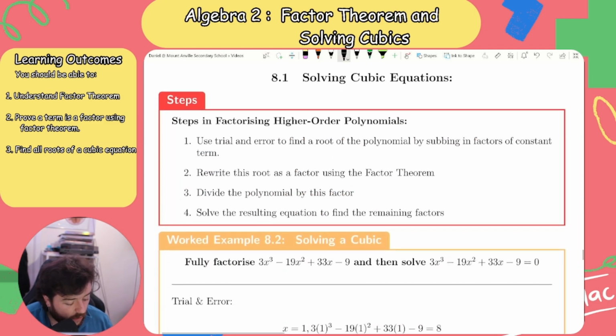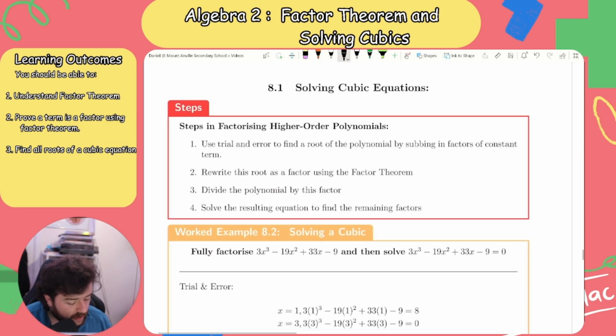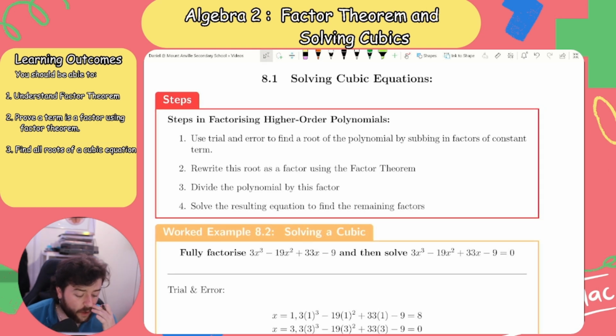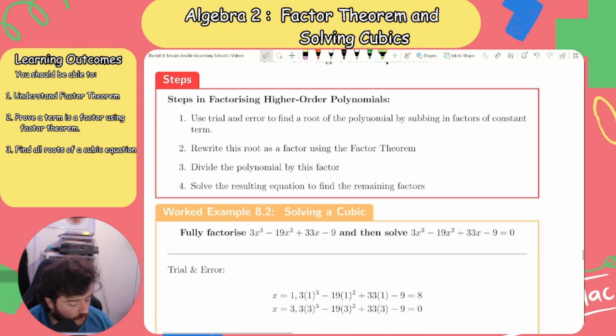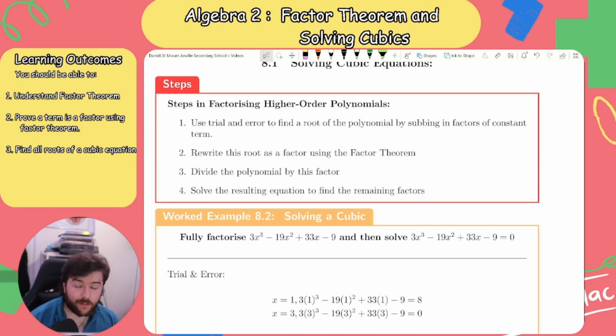So how does this help us solve cubic equations? We are going to learn how to factorize cubic equations. This is how we factorize and solve cubic equations or higher order polynomials. Using trial and error, we find a root of the polynomial by subbing in factors of the constant term, i.e. the term with no x.